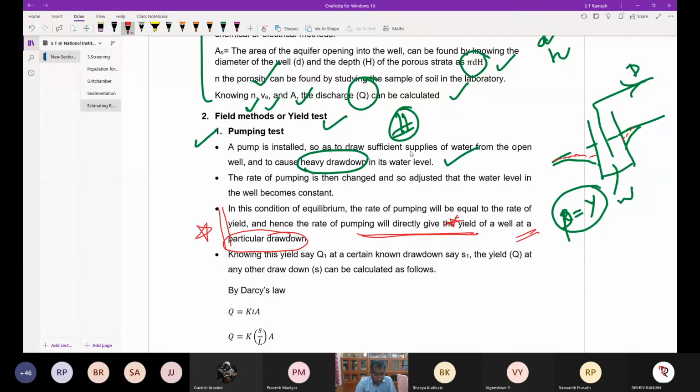Or otherwise, knowing the yield, for example Q1 and the drawdown S1, because I'm adjusting now, Q becomes Q1 and S becomes S1.